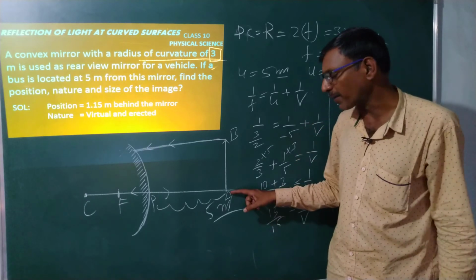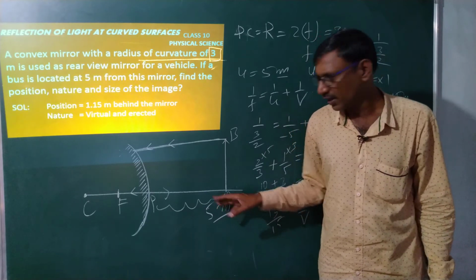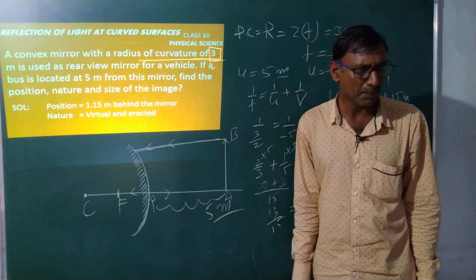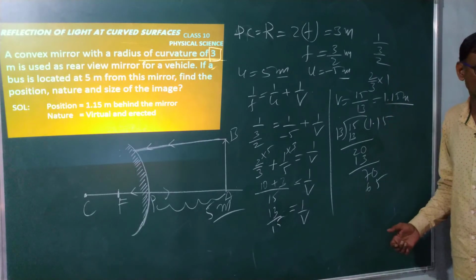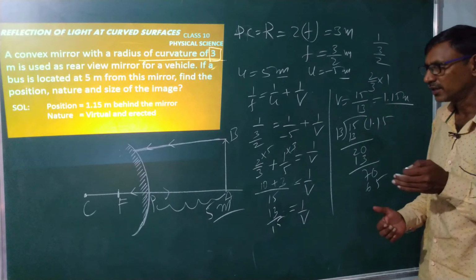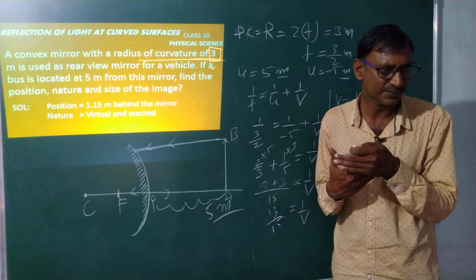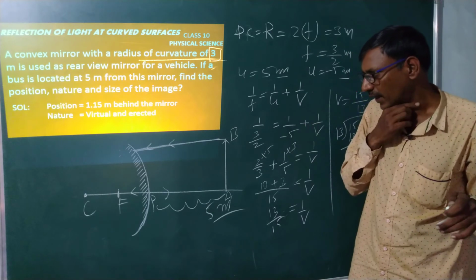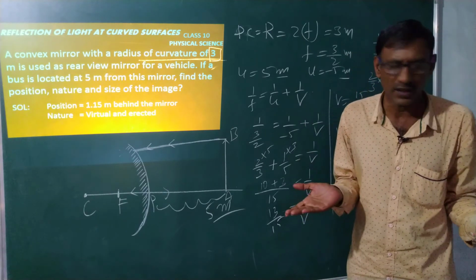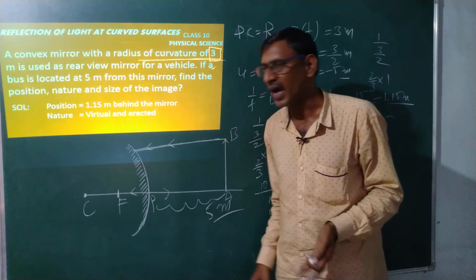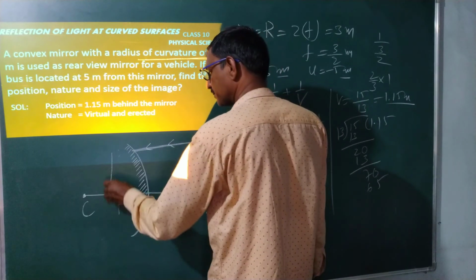Actually, the object is 5 meters from the convex mirror, but the image appears at how much distance? 1.15 meters only. The object seems to be nearer to the eyes. Okay, anyhow leave it. And the next one, nature of the image, I already explained. We cannot catch a virtual and erect image. That means it comes like this only. Like this.